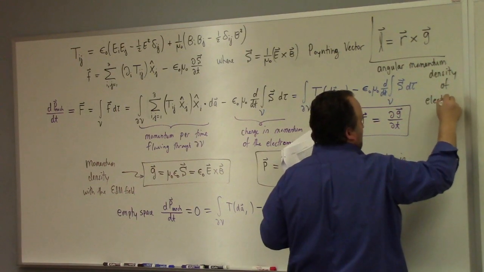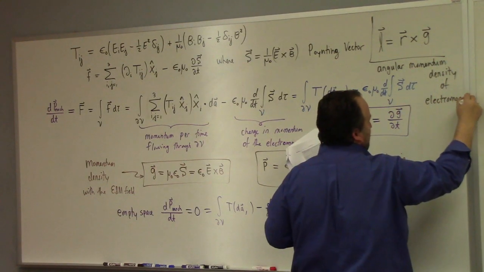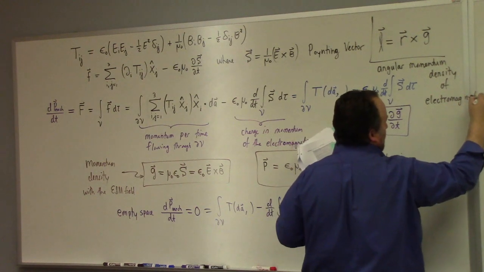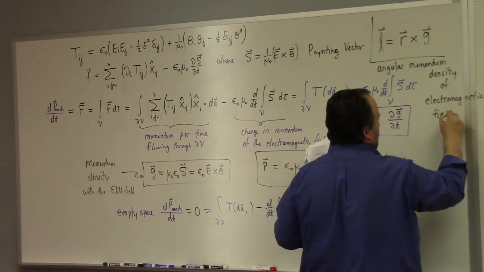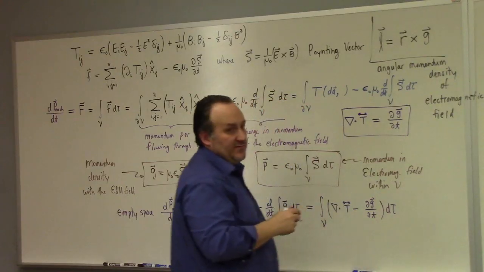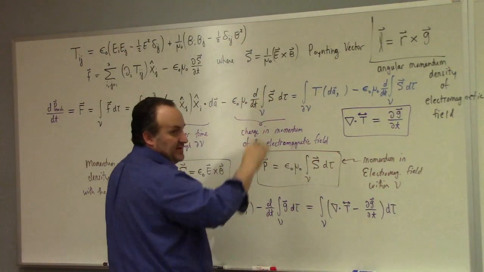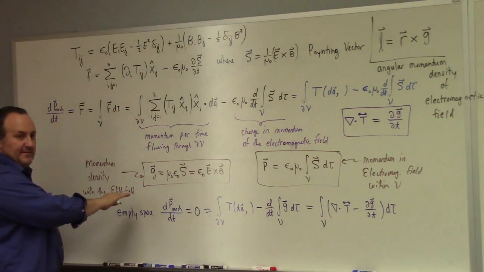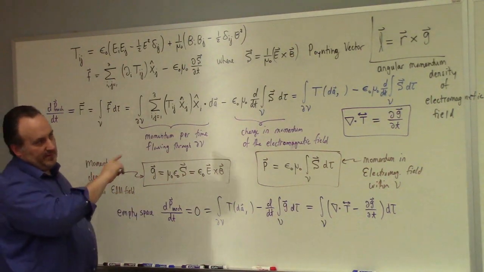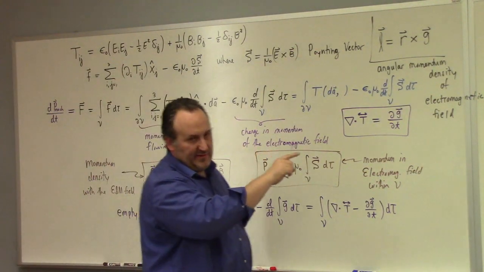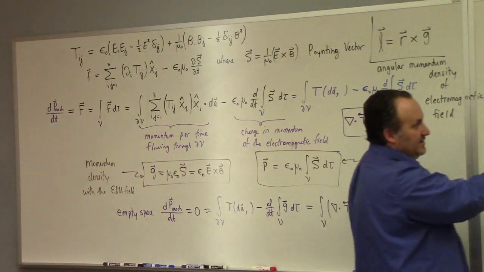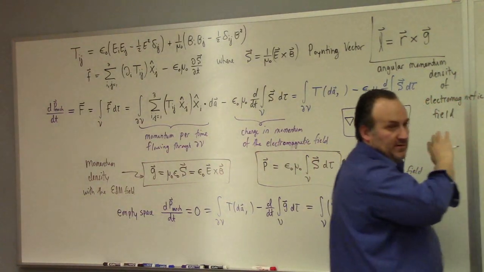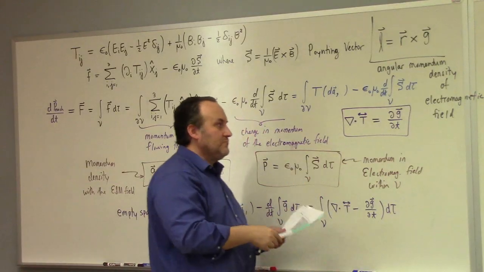It's a volume density, yeah? Just like G is a volume density. So we have 3 densities that are of interest. The angular momentum density, the momentum density, right? And also the last time we introduced the electromagnetic field energy density, U. Those are all volume densities.